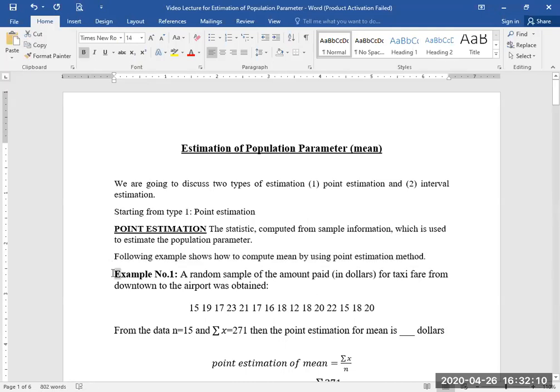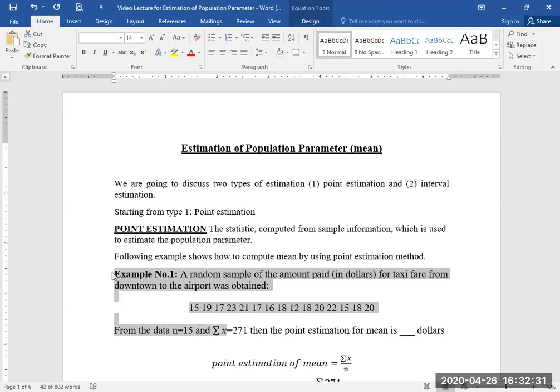Example number one: a random sample of amount paid in dollars for taxi fare from downtown to airport was obtained. Students, these are the data points. From the data, n is equal to 15, the number of observations, and if each point is represented by x, then sum of x is 271.